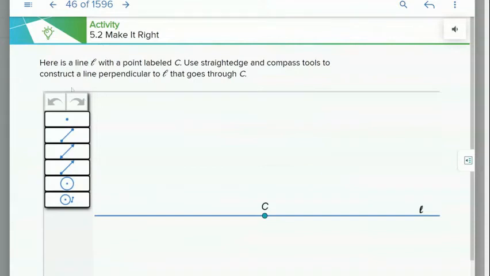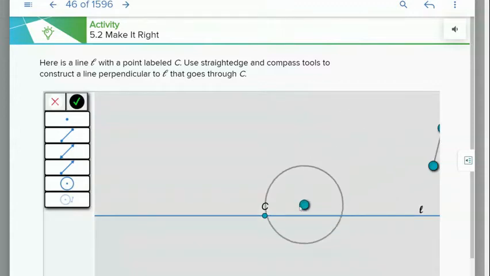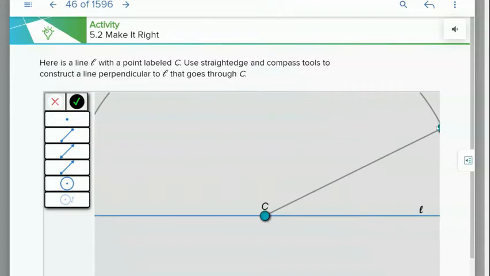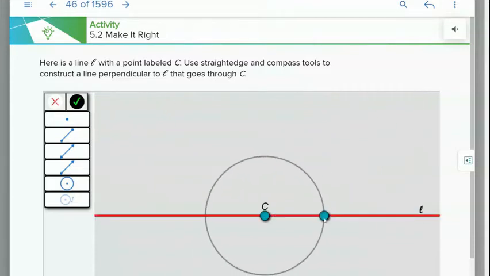Activity, make it right. So here's line L. This whole line is line L. They gave us a point, point C, and now they're saying use a straight edge and a compass tool to construct a line perpendicular to L that goes through C. So we should probably have the compass tool being used.